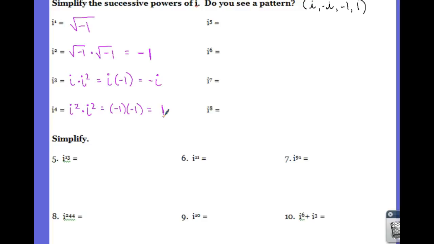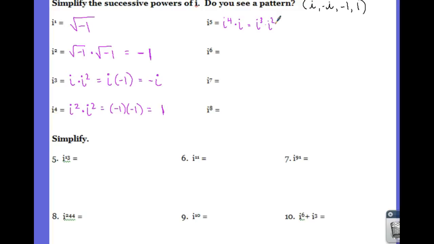How could I simplify i to the 5th? Remember, you can pick any one of these to sum up to 5. So i to the 5th can be i to the 4th times i. You could make it i cubed times i squared.